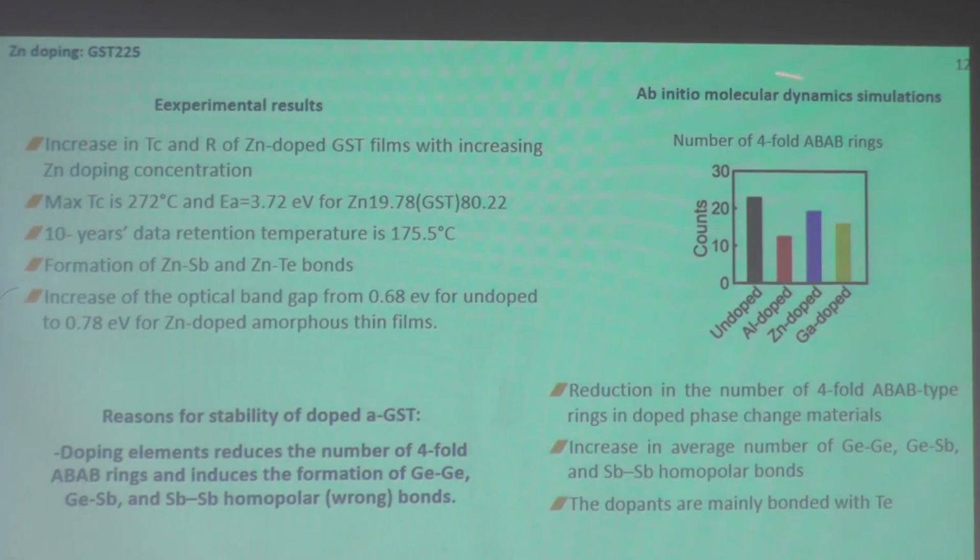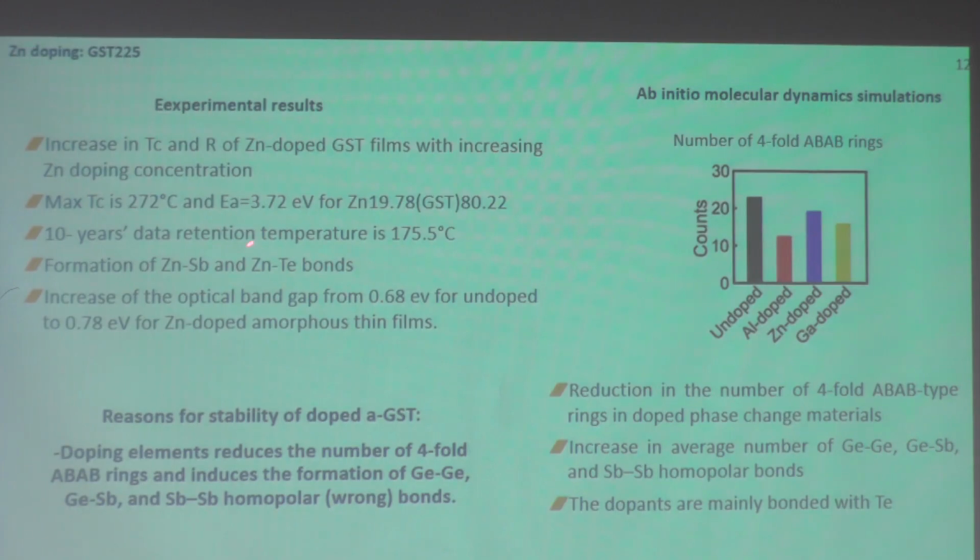Also, ab initio MD simulations showed that the number of these ABAB rings for zinc-doped materials reduces, but there is an increase in the average number of homopolar bonds, like germanium-germanium, antimony-antimony, and germanium-antimony bonds. And the zinc ones are mainly bonded to the tellurium.